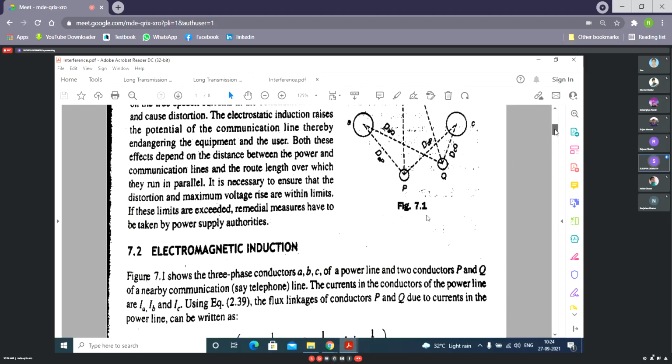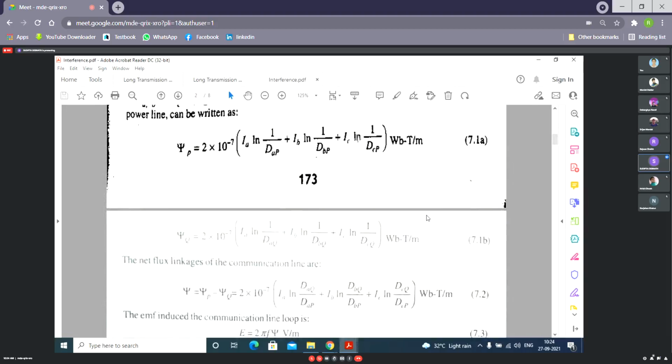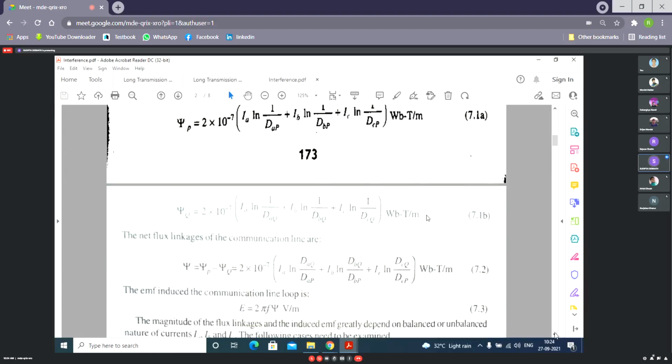So it is psi P minus psi Q. Ultimately you will get this expression: Ia ln (distance of Q from A / distance of P from A), plus Ib ln (distance of Q from B / distance of P from B), plus Ic ln (distance of Q from C / distance of P from C). It is Weber turns per meter. We have to find everything per meter.